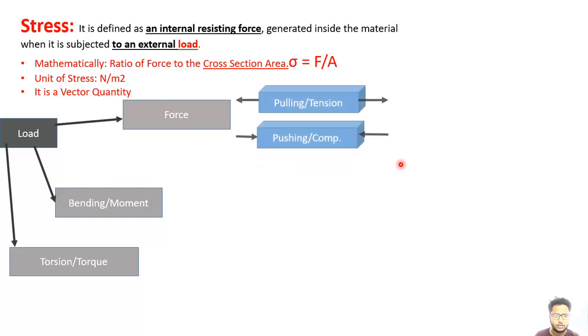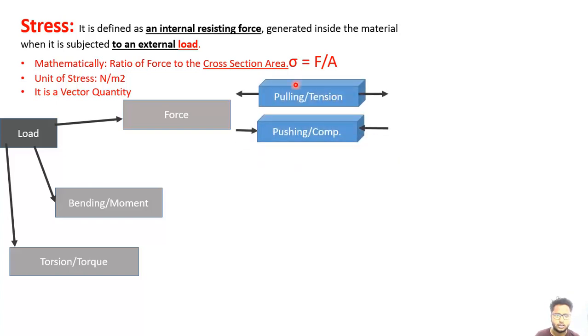In the force section, we can see a material which is under a pulling or tension force. If we apply only this left side force, and we do not apply the opposite force, this material will not sustain any stress inside, because it will just translate in the leftward direction.